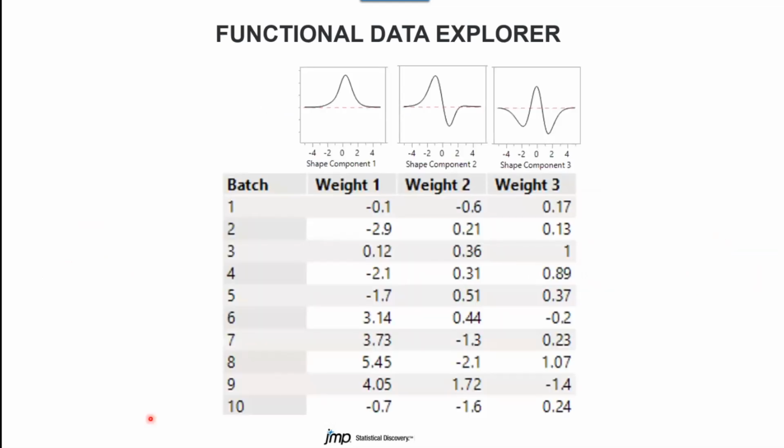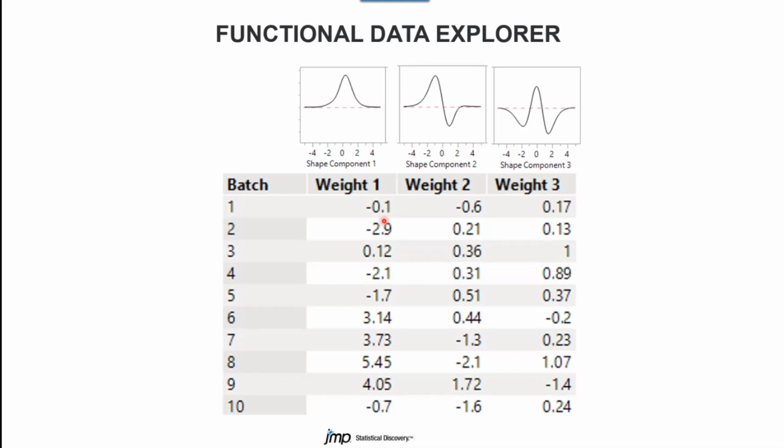Now, when we're doing analyses with the functional data, we've taken the curves that we've observed and divided up the variation into 2 different sources. And then all of the batch to batch variation is explained by the corresponding weights for those eigenfunctions.